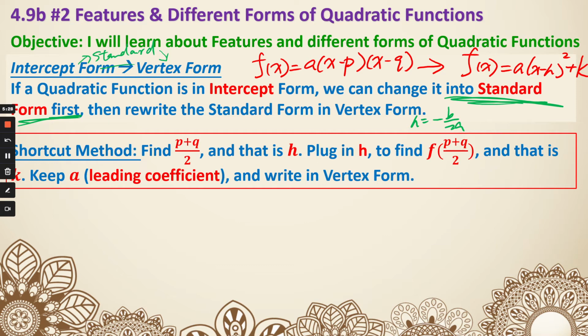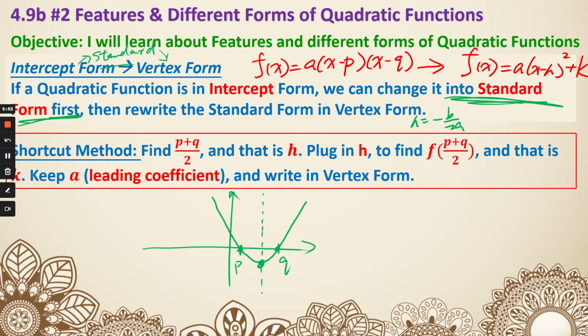Now, because we have the p and the q, we will talk more about this in the next part when we get to graphs. On a quadratic graph, let's say this is our graph. Let's say we have two intercepts here and here. Something special is the vertex will always be right in the middle of these two intercepts. And the intercepts are going to be p and q.